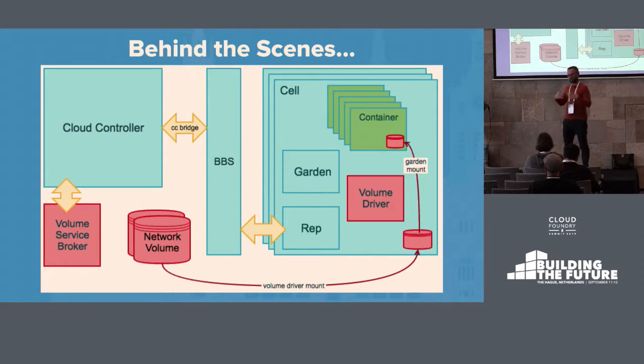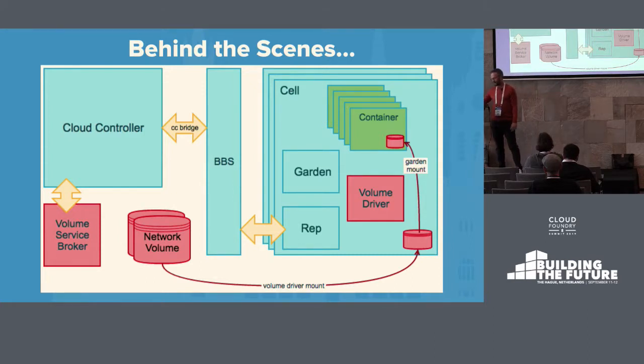And then from there, when we start the application up, we add that mount to the list of things that ought to get bind mounted into the application container. And hey, presto, your application has access to the mount, and off you go.